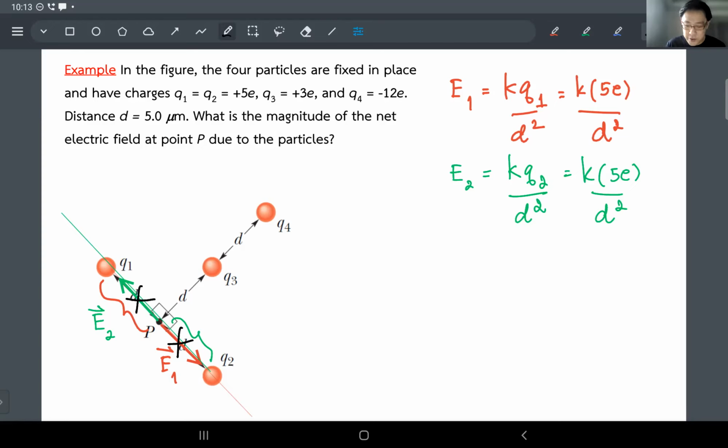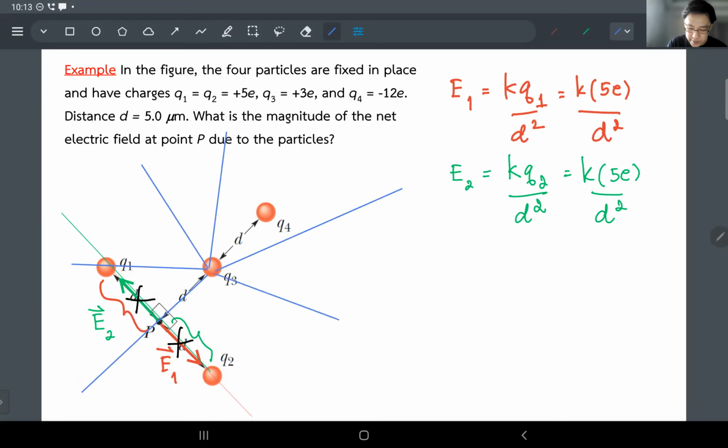All right, now move on to Q3. So once again, around the Q3 we'll have electric field everywhere, just like normal, right? I'll try to write these dirty electric field lines just to annoy you, to show that these are fields that are already there. It exists around any charged particle.